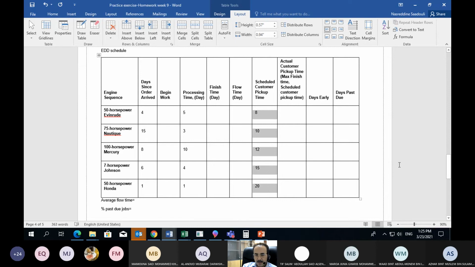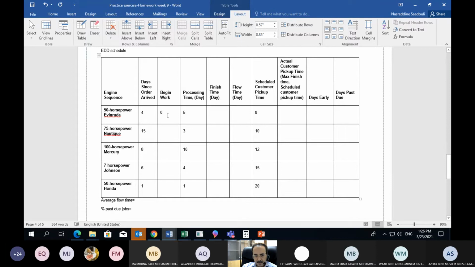Why? Because that's what the rule says: the ones that have the smallest scheduled pickup time go first. So this is the ordering of the jobs, the schedule of the jobs, and we're going to fill it now with the values.